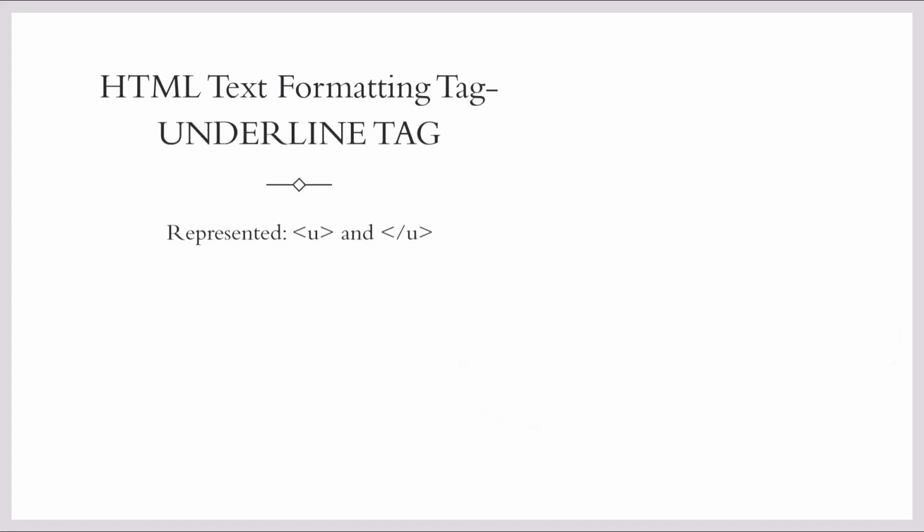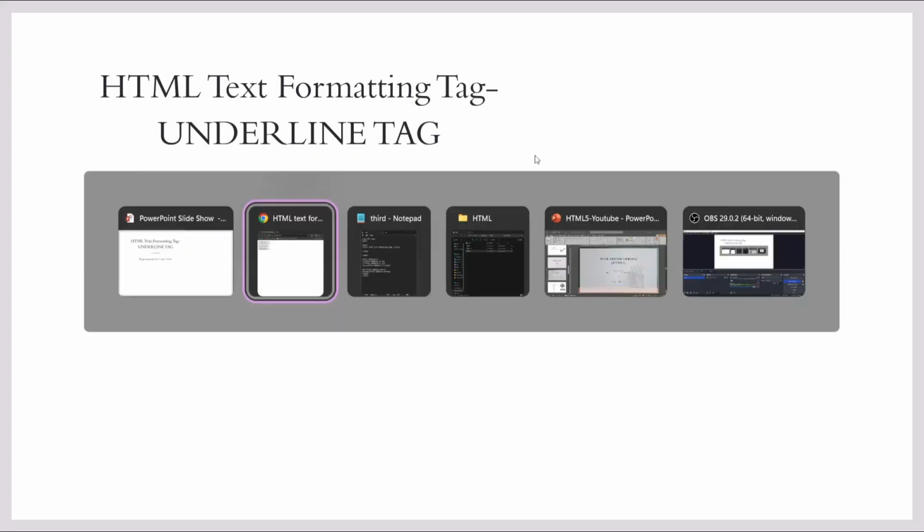Okay, now let us see the underline tag, which is represented as U and /U. This tag underlines the enclosed text, providing a visual attention to its importance or significance. Let's see how it works.